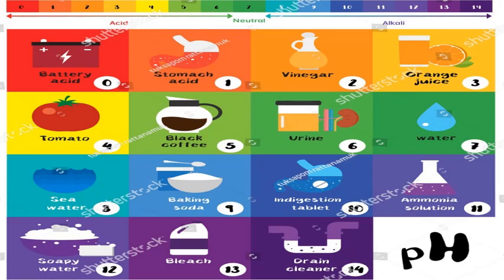Water is a neutral substance, so its pH is 7. Ammonia, pH is 11. Bleaching, what we used at the time of corona, isn't it? Sodium hypochlorite, pH 13, and tomato juice is 4, like that. These are some of the pH values given in the pictures.